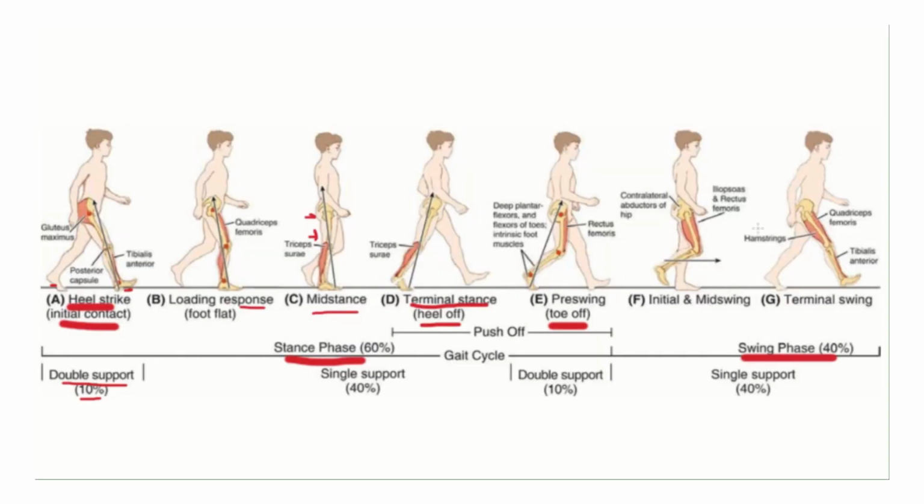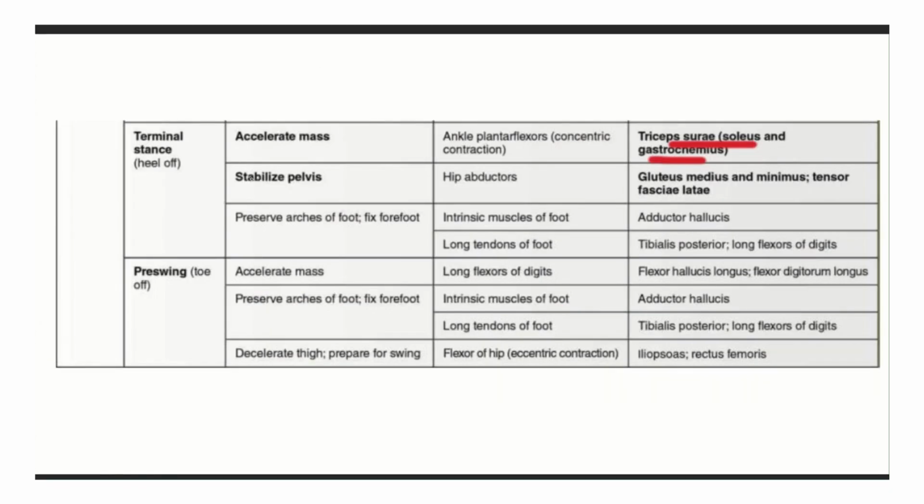The last stage is the pre-swing stage, or toe off stage. As the name suggests, the toes will be off the ground after this stage. As the limb is being accelerated backward, the long flexors of digits will be working here.